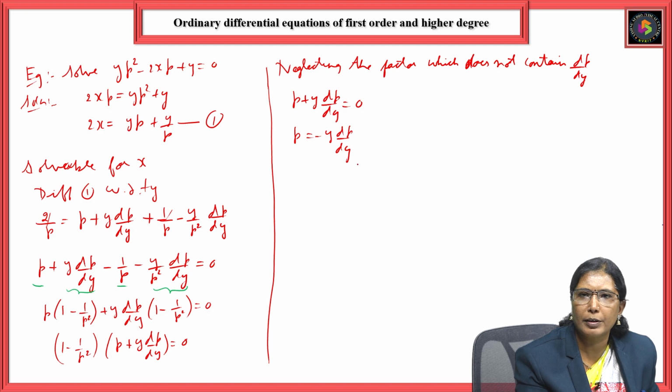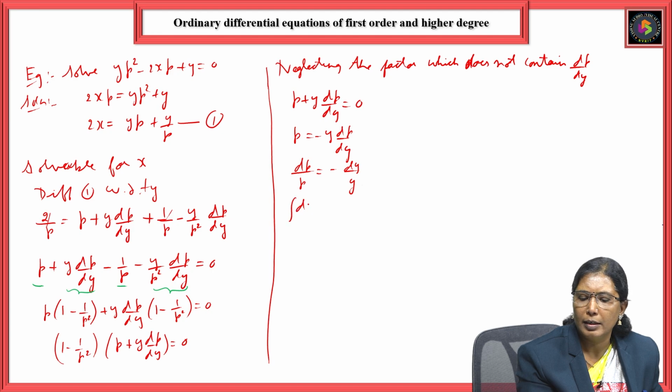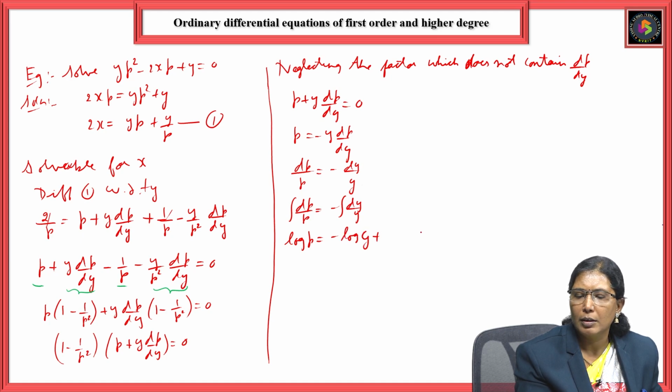If you separate the variables, all y with dy and all p with dp, we get dp/p = -dy/y. Integrating on both sides, log p = -log y + log c, where log c is the integration constant.